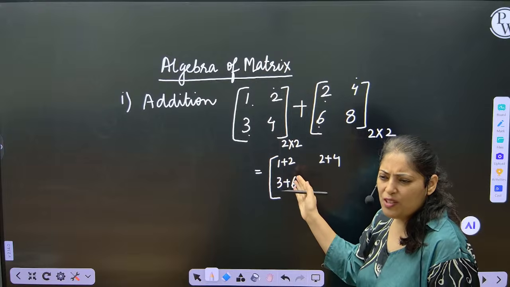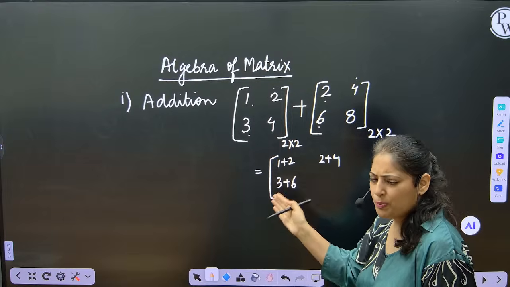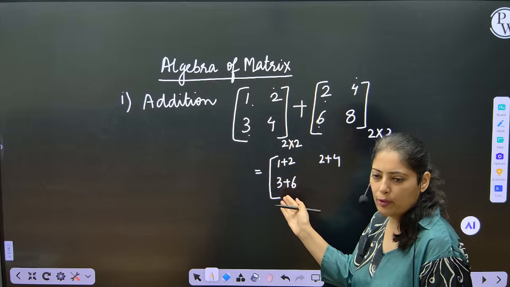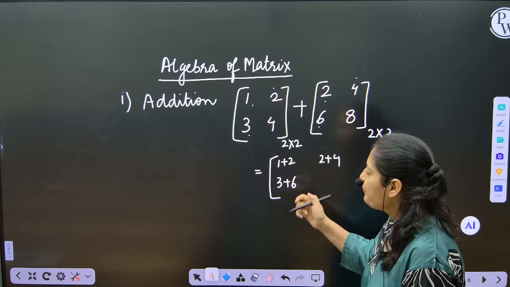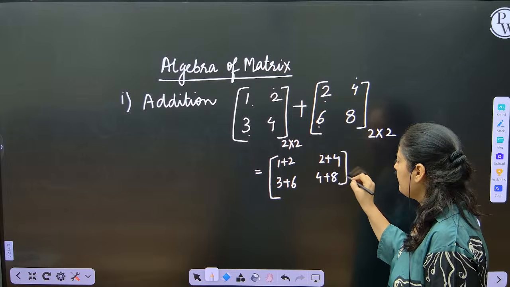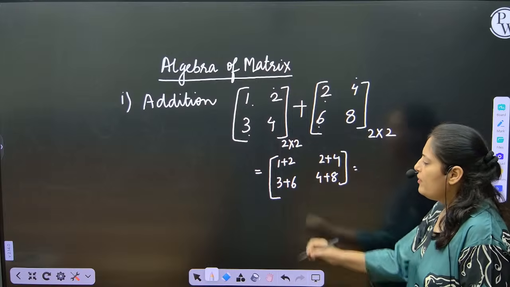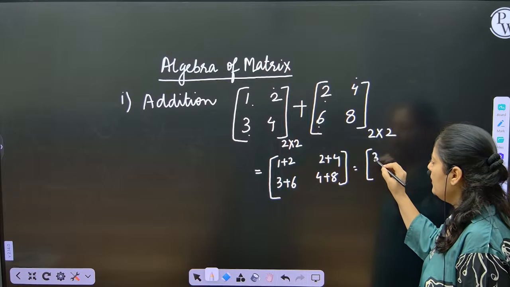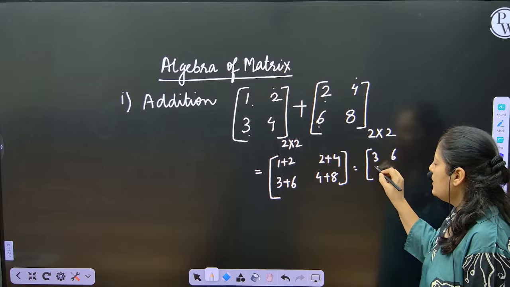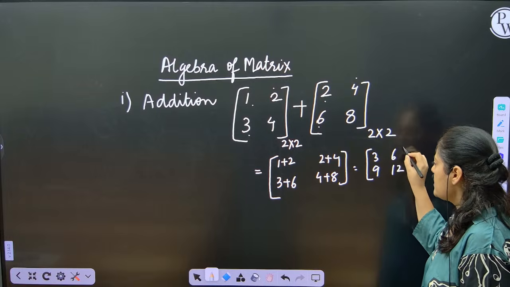When you become a pro at this, there is no need to perform this step. This is just the beginning, that's why I'm doing this step. 4 plus 8. 1 plus 2 is 3, 2 plus 4 is 6, 9, and 12.